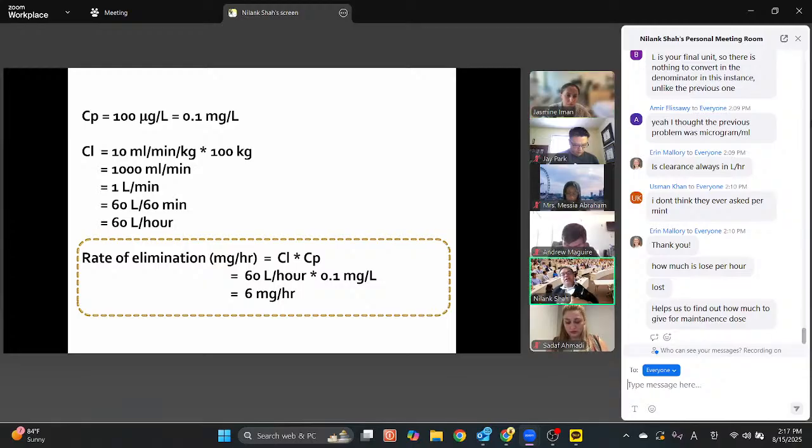So 100 microgram, a microgram is smaller than a milligram. Agree, Jasmine? So when you go from small to big, you always divide. So 100 microgram divided by 1000 gives milligram. 1 microgram is equal to 10 to the minus 3 power milligram.